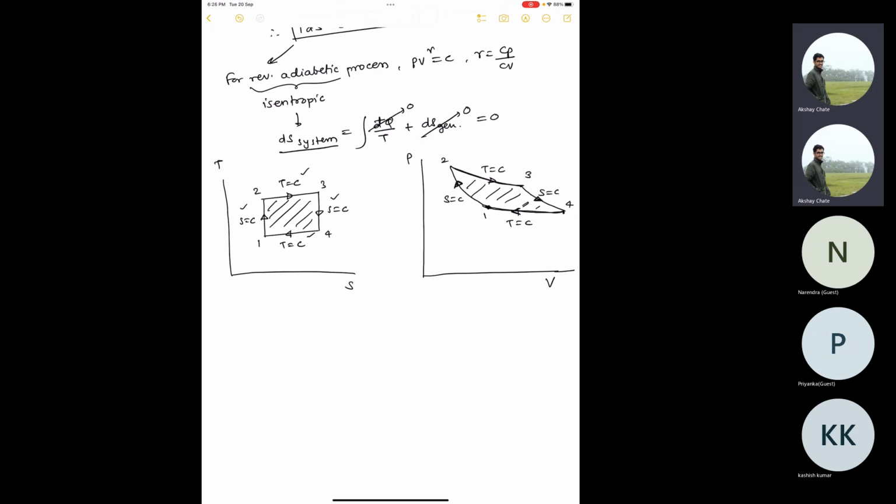Carnot cycle gives you maximum efficiency. For maximum work done, efficiency need not be maximum. Maybe when you study the Brayton cycle in the power plant engineering subject, there is one derivation where you derive the efficiency curve versus work done. So maybe there you will find it.